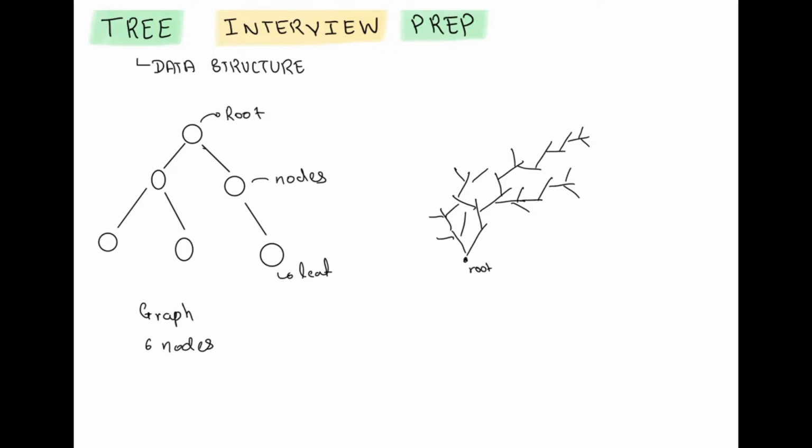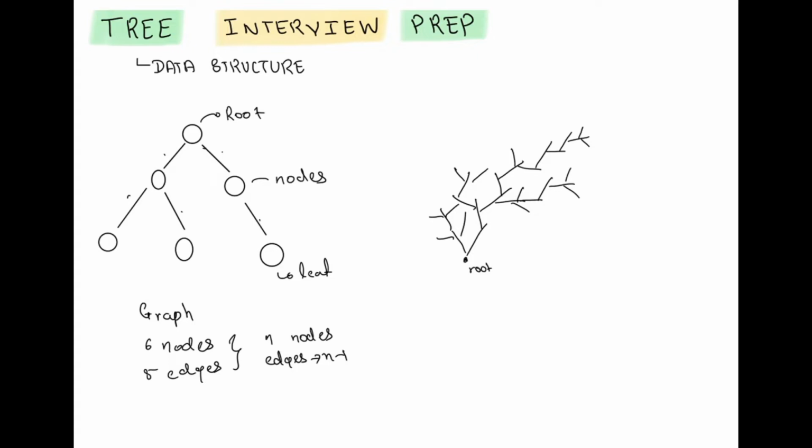So we have 1, 2, 3, 4, 5 edges, and that's the speciality of a tree. If it has n nodes, then it must have n minus 1 edges. And if there is a graph which has n nodes and n minus 1 edges, it is a tree.